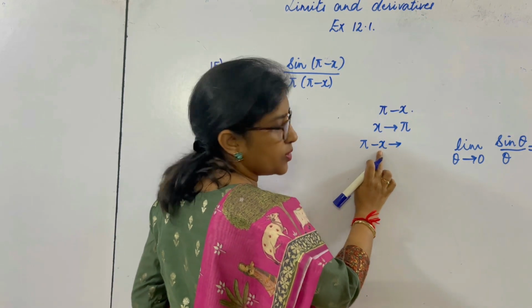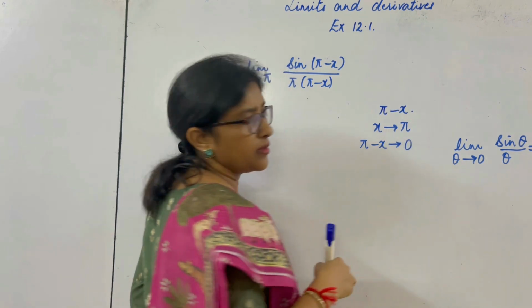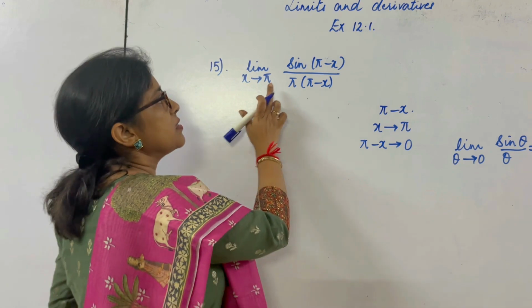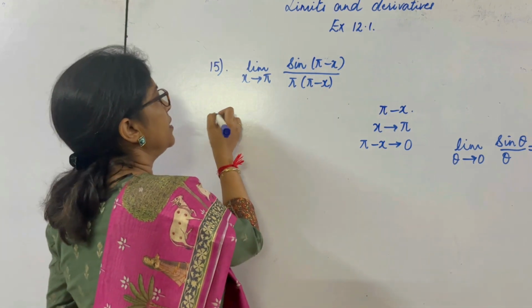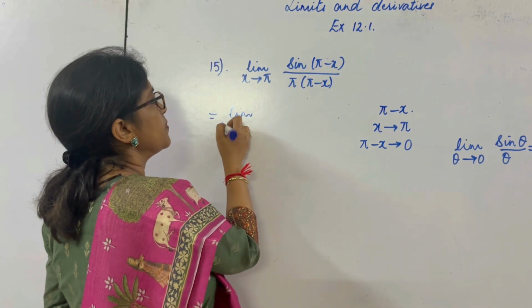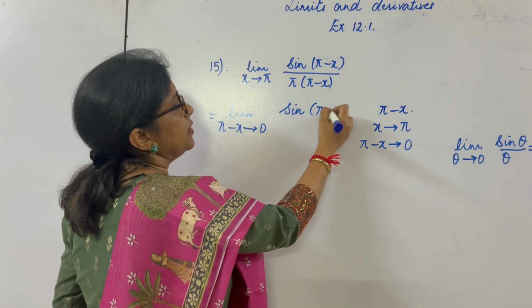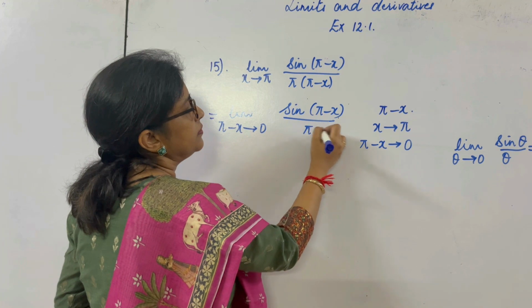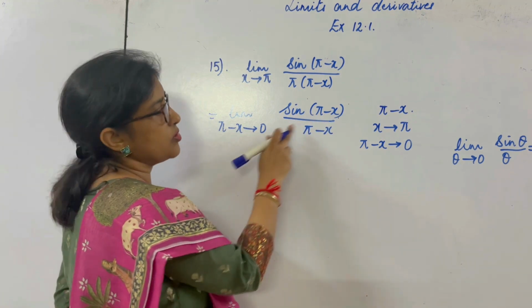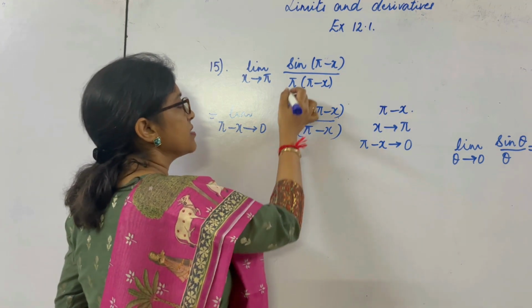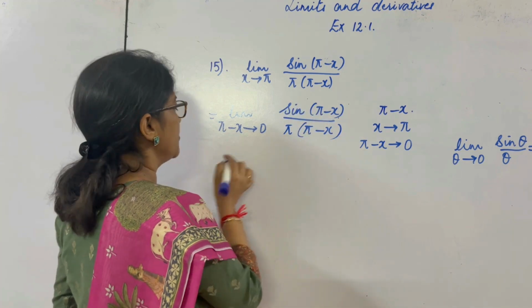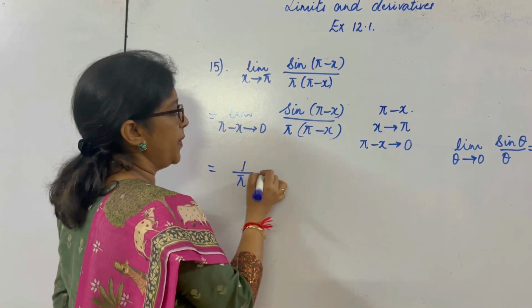Put x value as pi here and see, it is pi minus pi, 0. That means that if x tends to pi, we can rewrite this as pi minus x tends to 0, and we have sin theta upon theta, theta tends to 0. So, this value is 1, but besides this there is pi over here, rest all is 1. So, it is 1 upon pi.